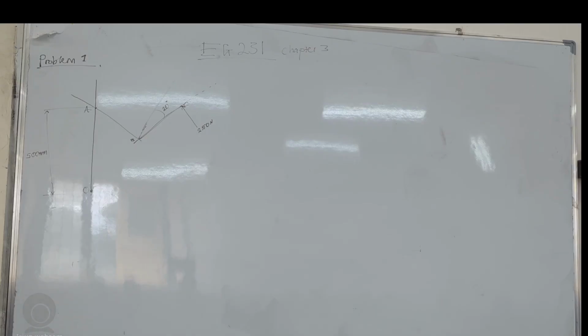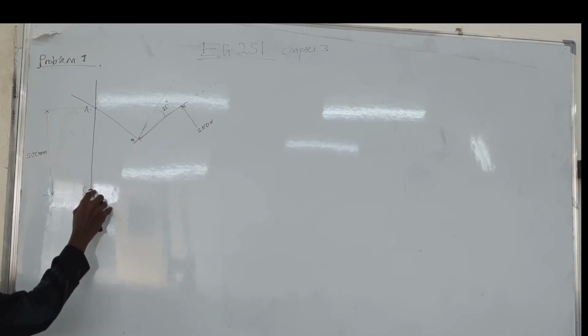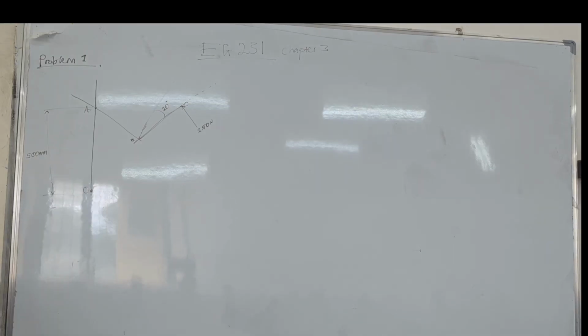So how do we go about finding the moment of the force about point O? We know the moment of the force is the product of force and the perpendicular distance. That's the definition of the moment.